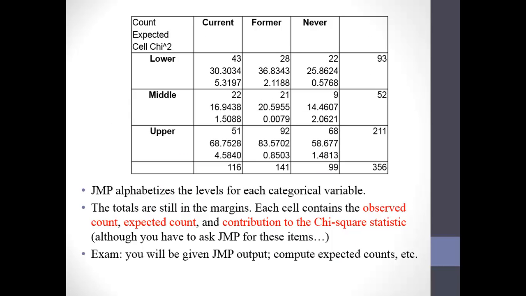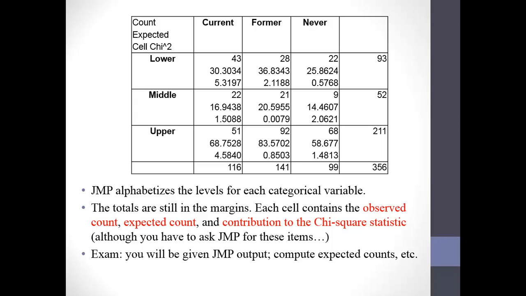But more importantly, JMP will give you this table. This is the thing that we spent a lot of time calculating already. When you put the information in, note that JMP will alphabetize the levels for each categorical variable. So over here we have lower, middle, upper instead of the other way around, and current, former, never.